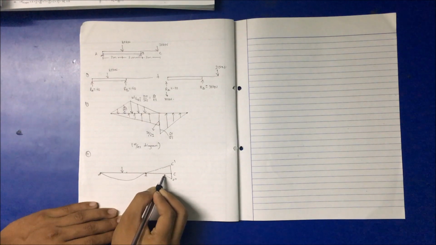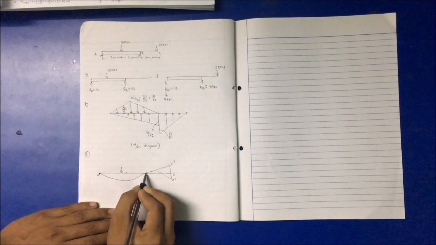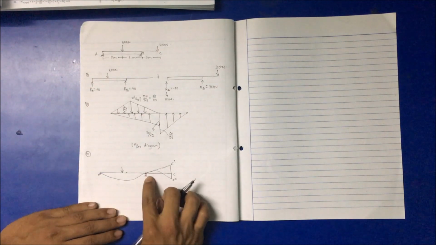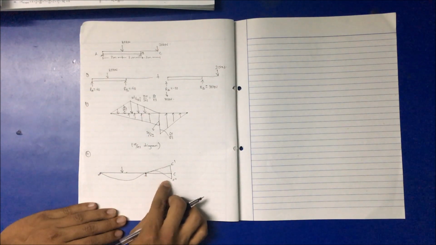it will go somehow like this. This line will pass as a tangent for this portion. So this will be the deflected shape.